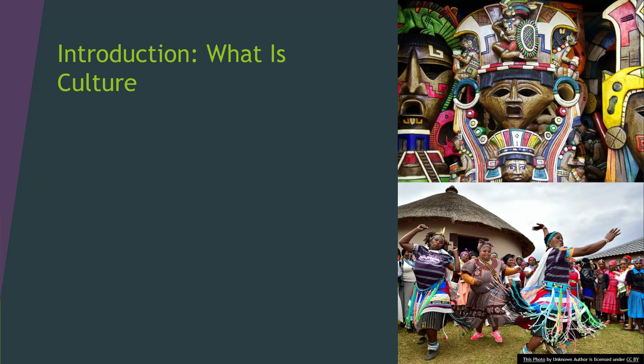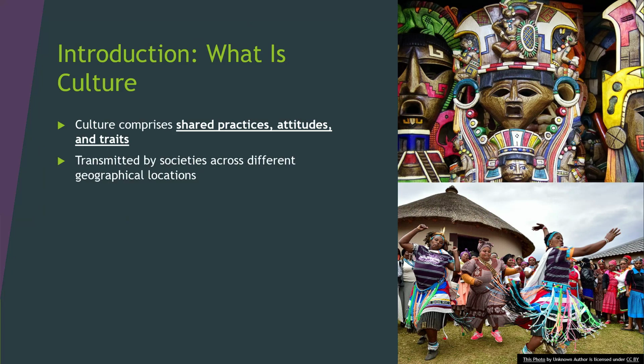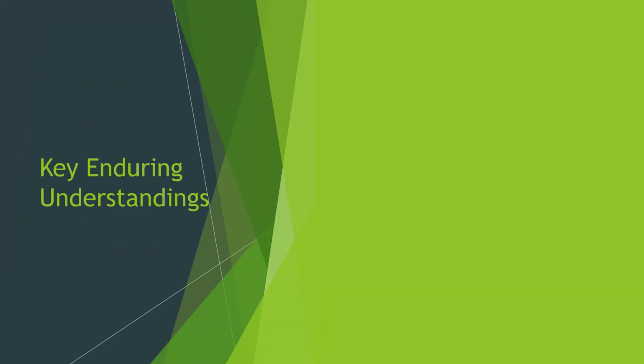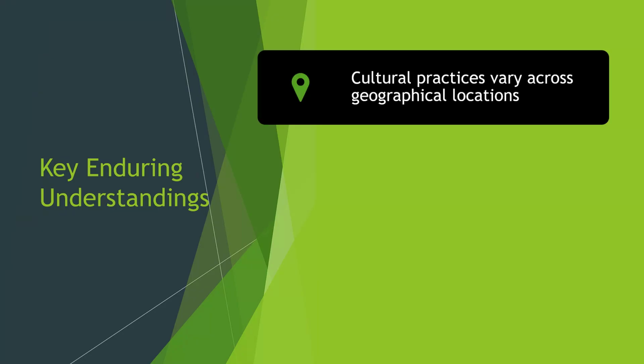So what is culture? Well, we've already talked about this a little bit in class. Culture comprises shared practices, attitudes, and traits within a society. It can be transmitted by societies across different geographic locations, and can have different traits like food preferences, architecture, and land use patterns. So during this unit, some of the understandings: cultural practices can vary across geographic locations.